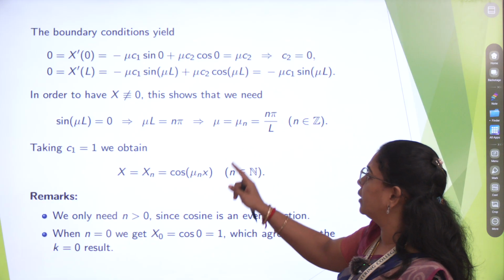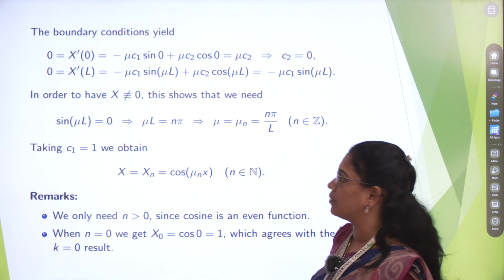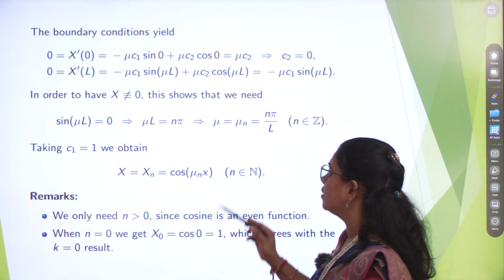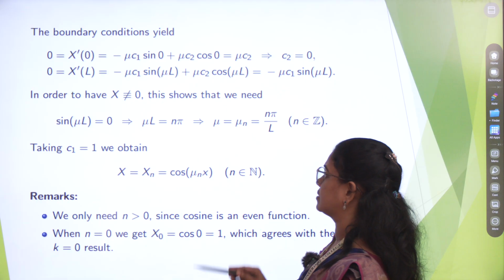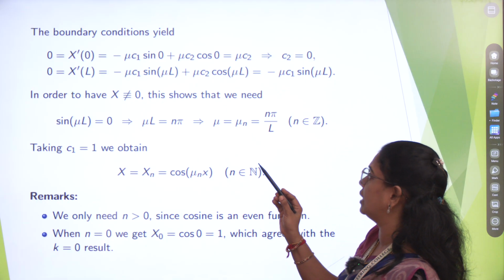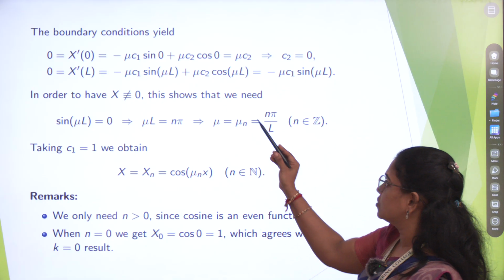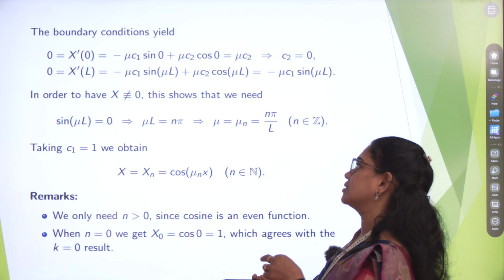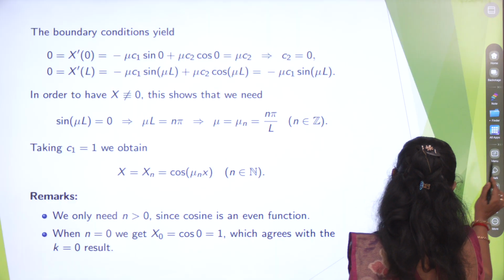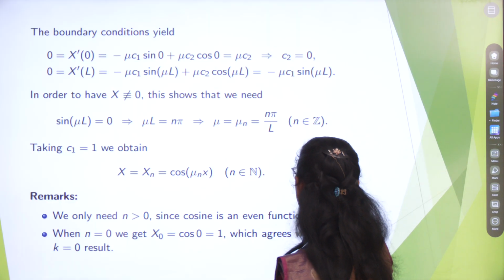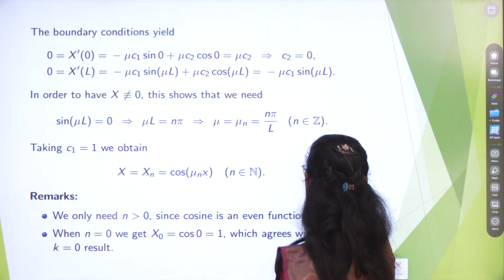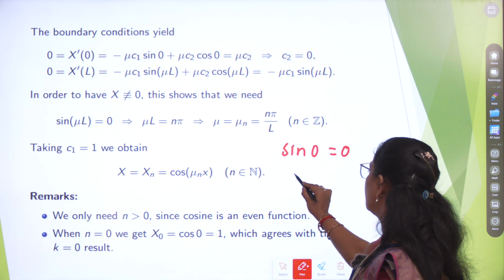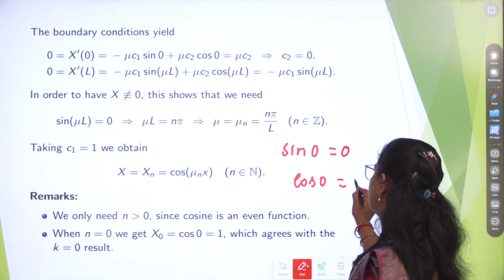Next, the boundary conditions. First one, 0 equal to x dash of 0, which is minus mu c1 sin 0 plus mu c2 cos 0, because x is equal to 0. In the trigonometric formula, sin 0 value is 0 and cos 0 value is 1.